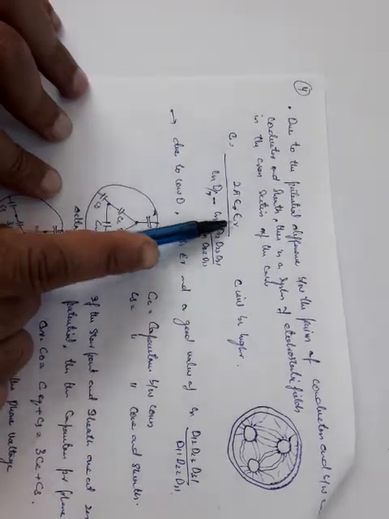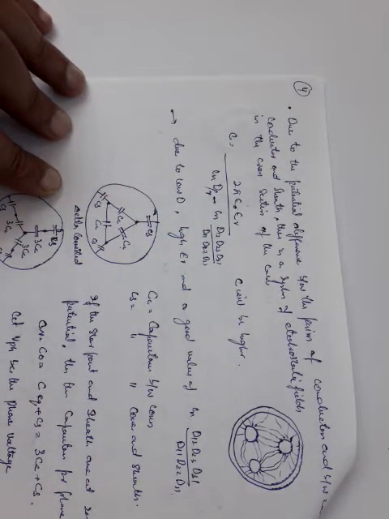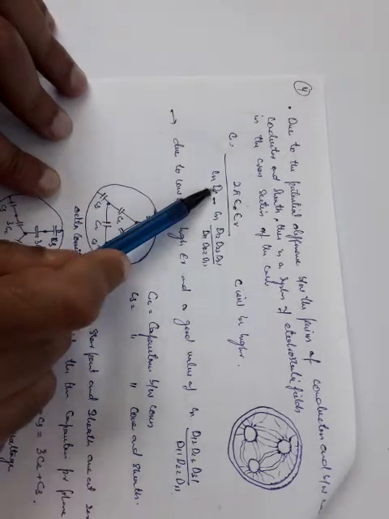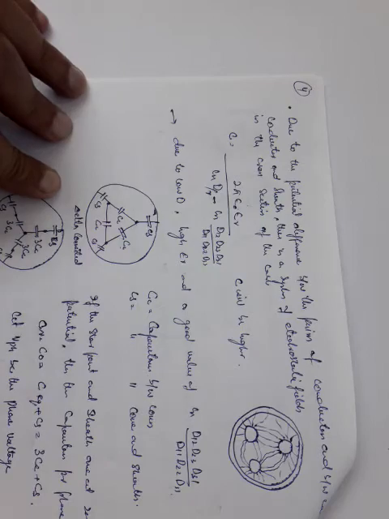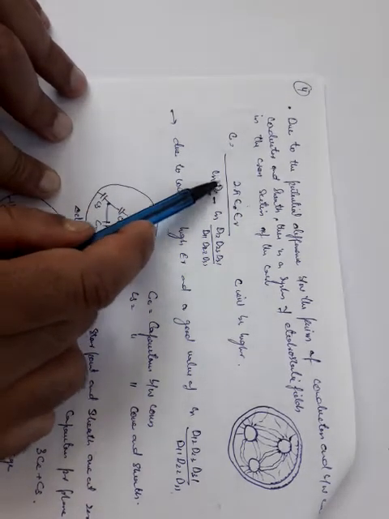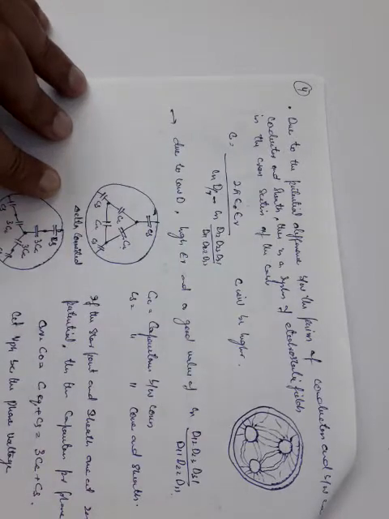Since permittivity is higher, it results in the higher value of the C, because we are using the dielectric of higher permittivity. Since D, that is the distance between the conductors, is less, this term will be lower, and overall this term will be higher. So this is the second reason.